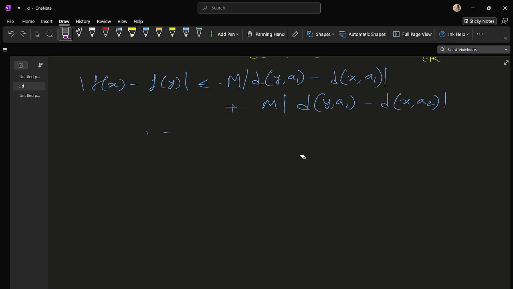So now, after using it, what will we get? We can write it out. This thing will be a into epsilon by 2m plus m into epsilon by 2m.